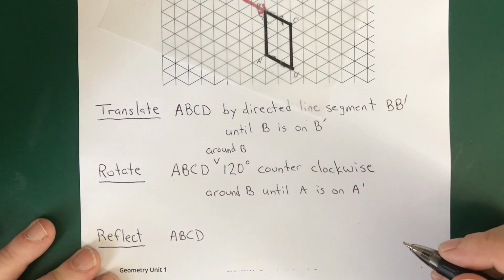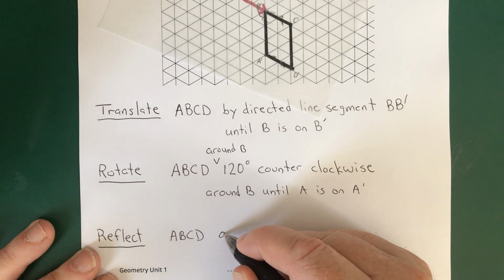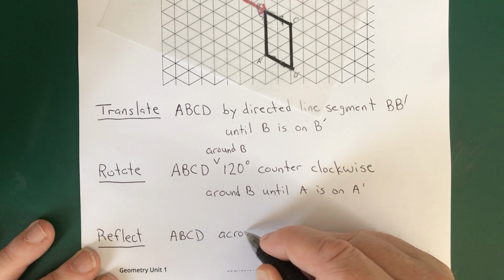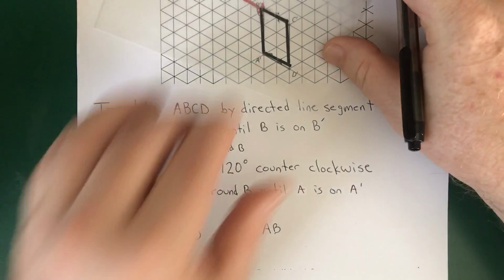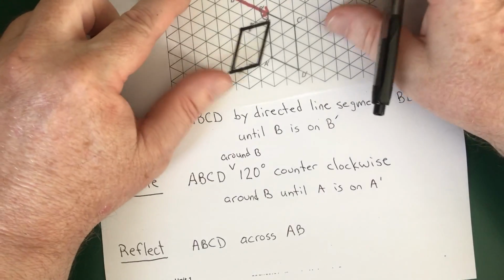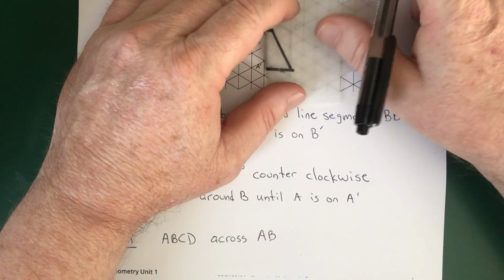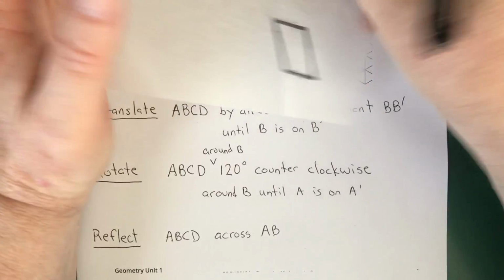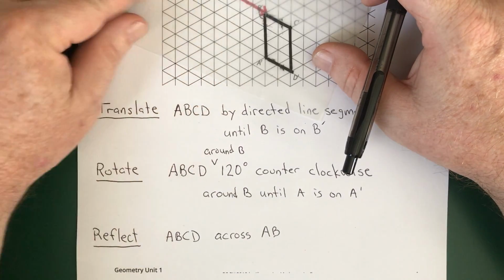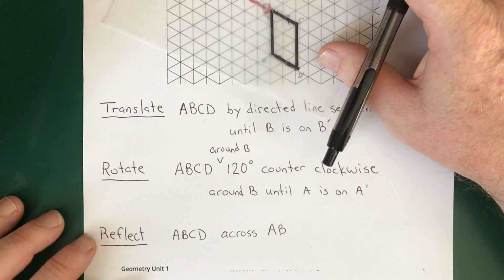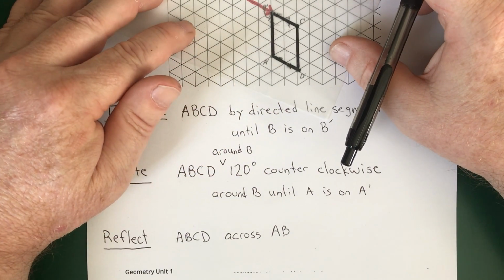And then I need to give a line of reflection, which is the line that I'm flipping across. So I'm going to say across AB. That means I use AB as my line of reflection, and I either fold the paper or flip the paper over, and I'm done. My two shapes are on top of each other. I only used rigid transformations, and it exactly fits, so I have proved that they're congruent.